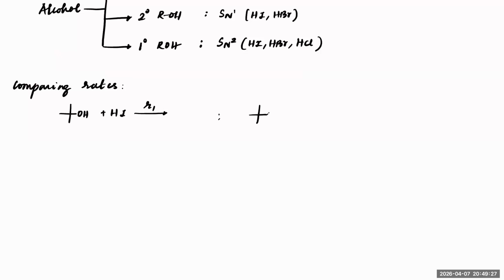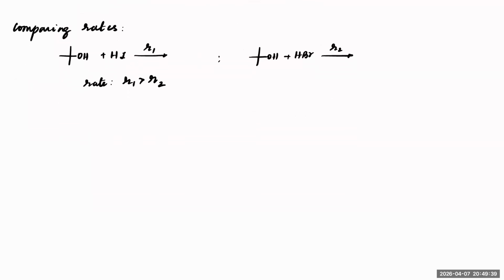Similarly, if you have 3 degree alcohol with HBr and it is happening at rate R2, then definitely the rate of reaction R1 will be greater than R2. Important note: rate depends directly on the strength of acid.